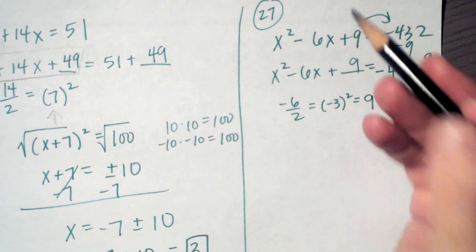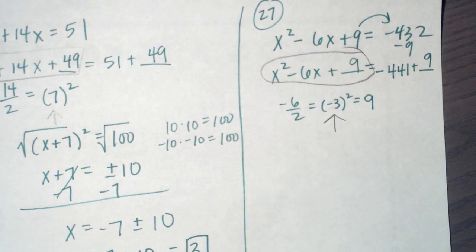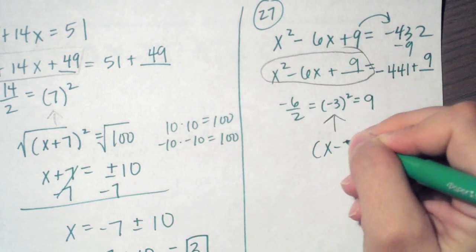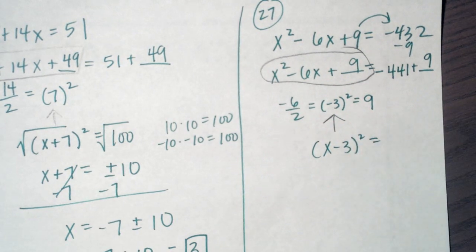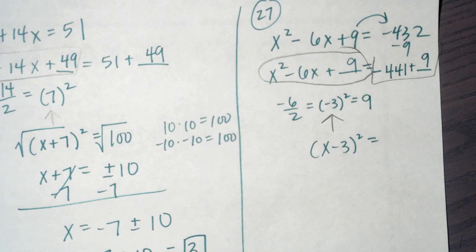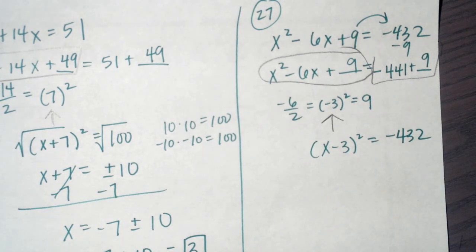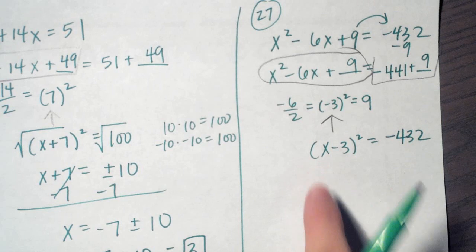I'm going to factor this left section right here, and so that is whatever you squared. So this is going to be x minus 3 squared. On the right side, I have negative 441 plus 9, so that gives me negative 432. So now what I'm going to do is the square root method.